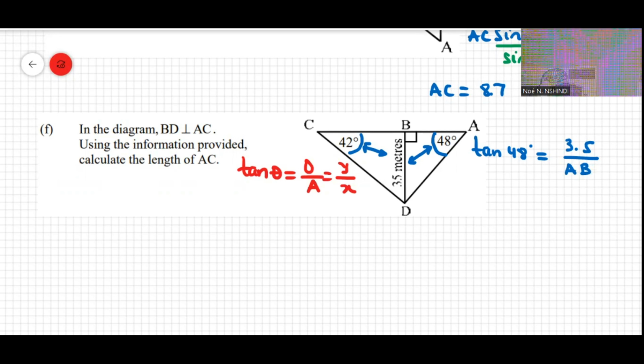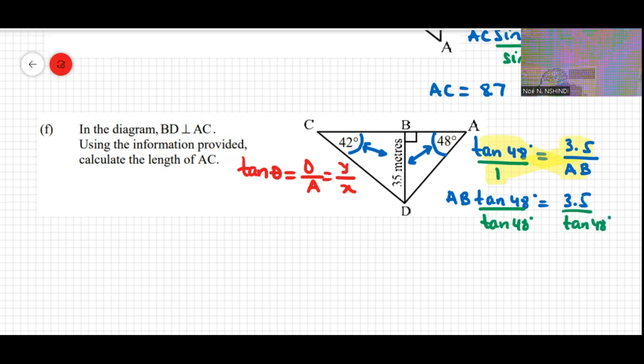Now we can cross multiply here. We can multiply this by that and then that by that. So that makes AB times tan of 48 degrees equal to 3.5. Now to get the value of AB, we divide by tan 48 on both sides.